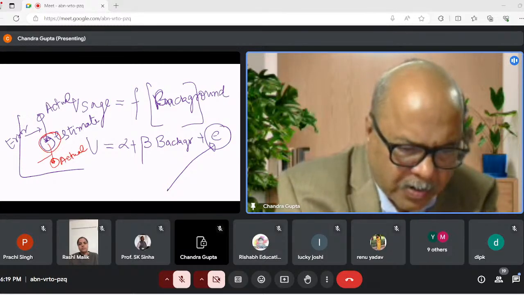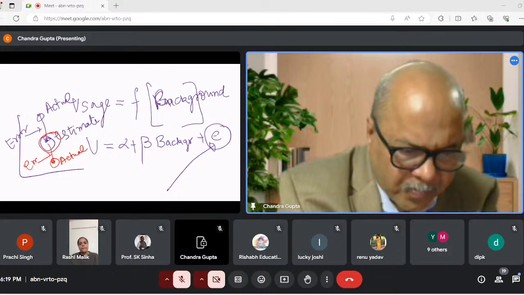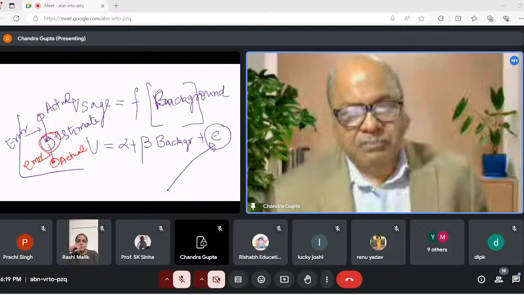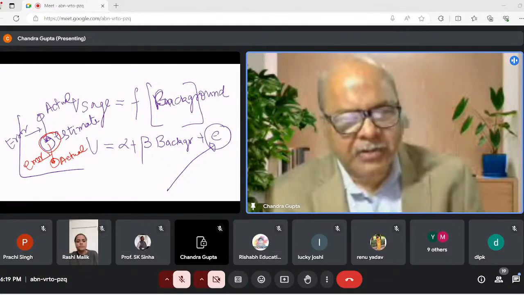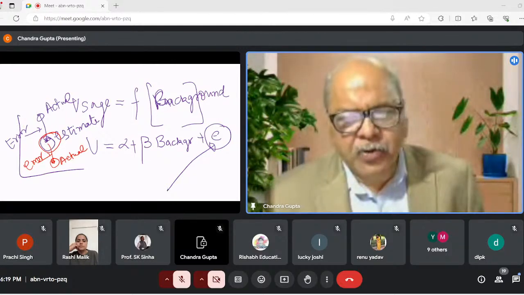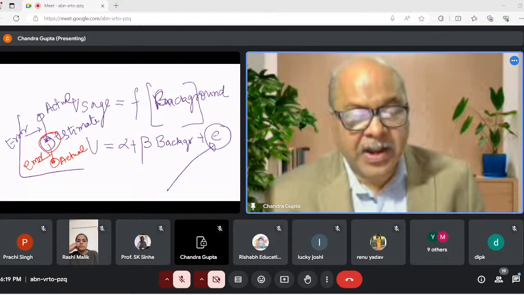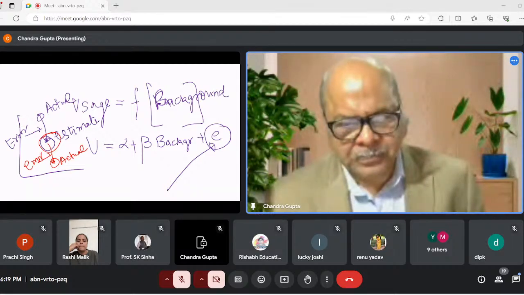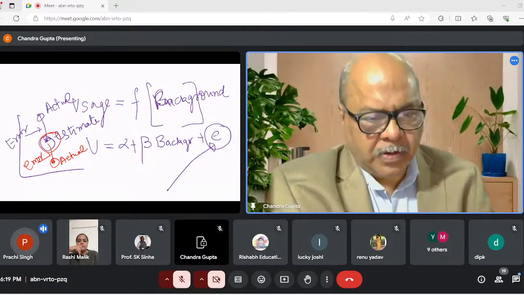So the difference will be your error term. How the error term will behave, I don't know. It may be positive, it may be negative, it may be zero. We have no clue about the behavior of the error term, and therefore we say it is random. Stochastic means probabilistic. Is that clear?